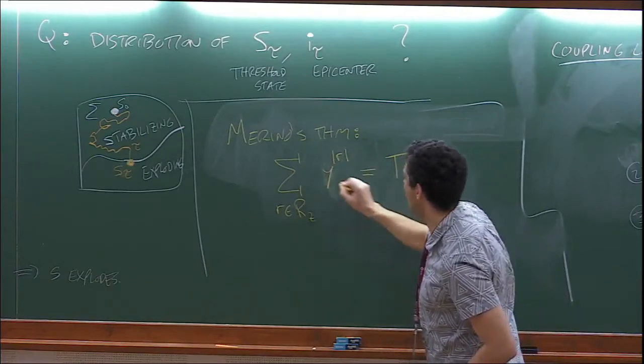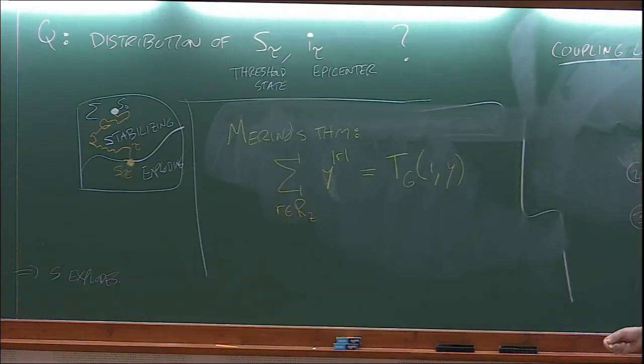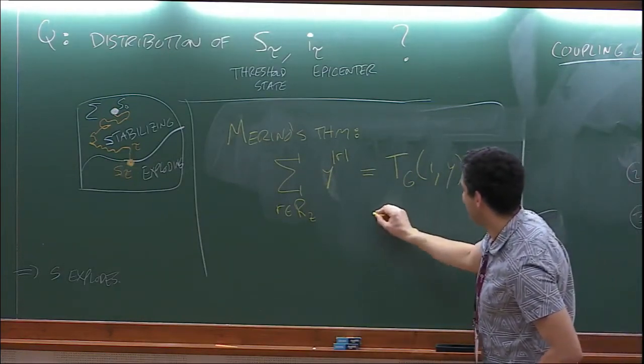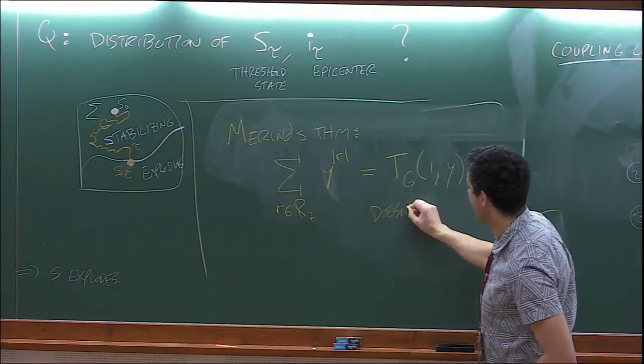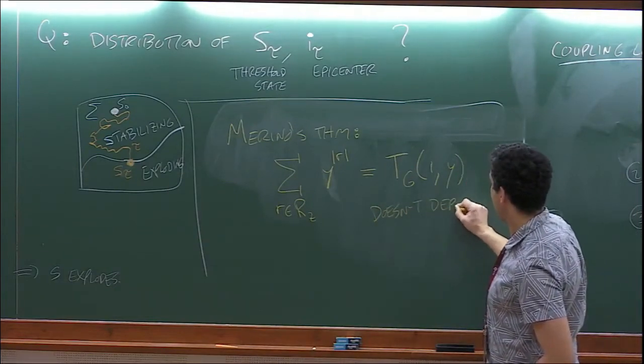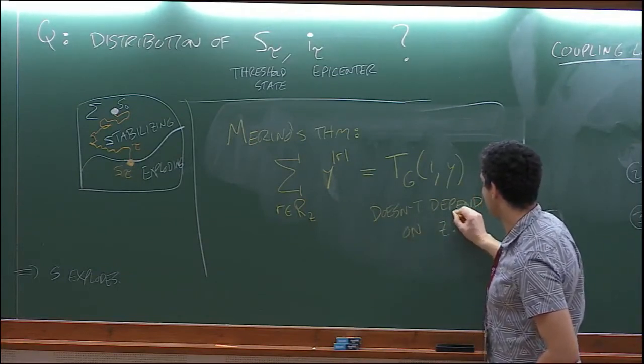Actually, let me call it y, because it's the y variable of the polynomial that comes out. And in particular, the right side doesn't depend on the choice of sink.